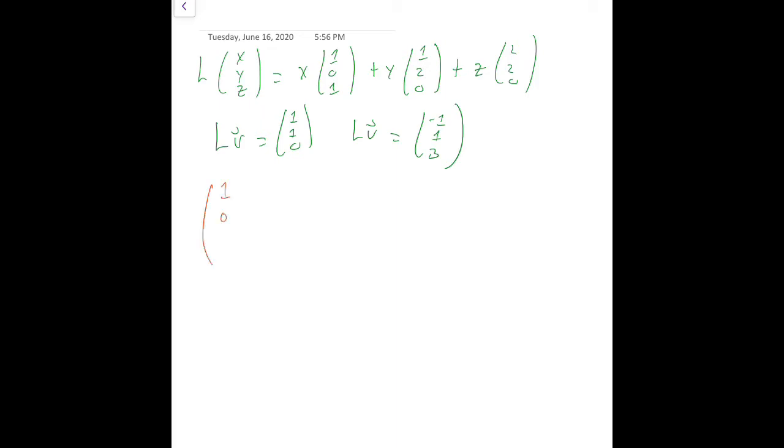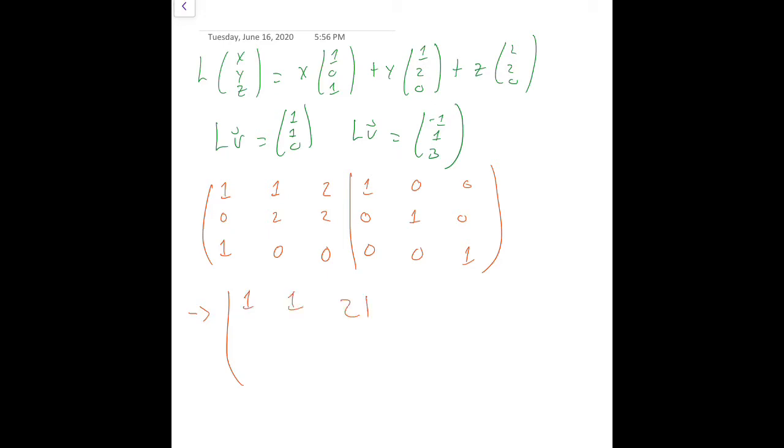Okay, so this is (1, 0, 1), (1, 2, 0), (2, 2, 0). We augment with the identity matrix. Again, we're going to swap the second and third rows.